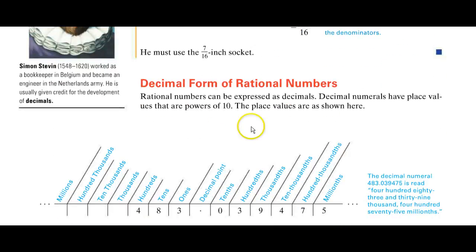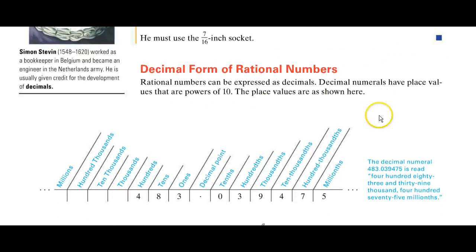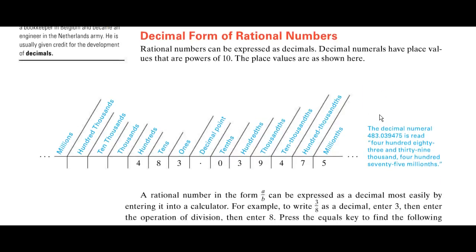Decimal forms of rational numbers. We're going to take a look now at decimal forms. And I like the way they have this laid out. There's the decimal that we use in our mathematical system. And then the number 483 point, and then all of this. Well, what is the terminology to describe these various places?